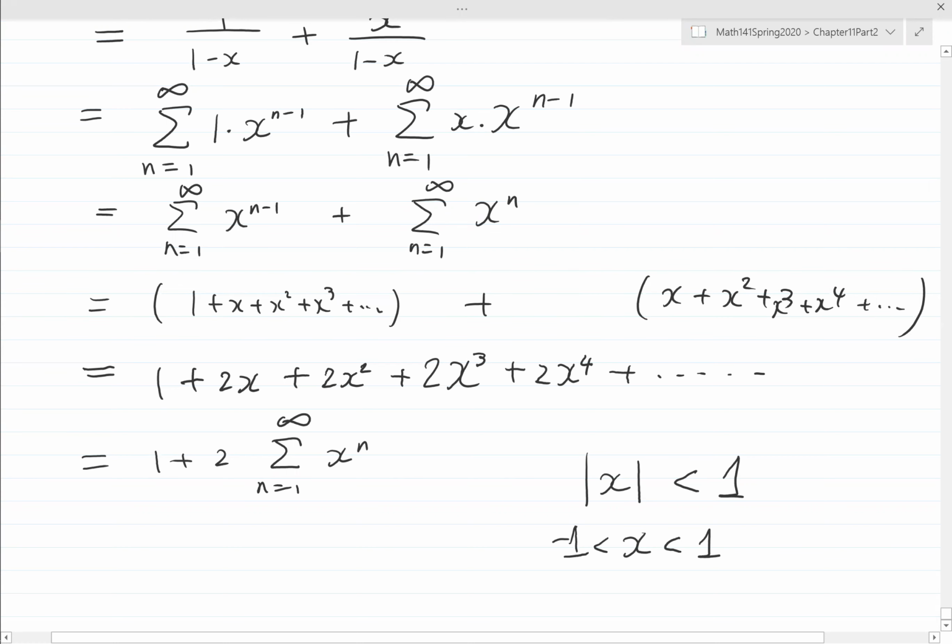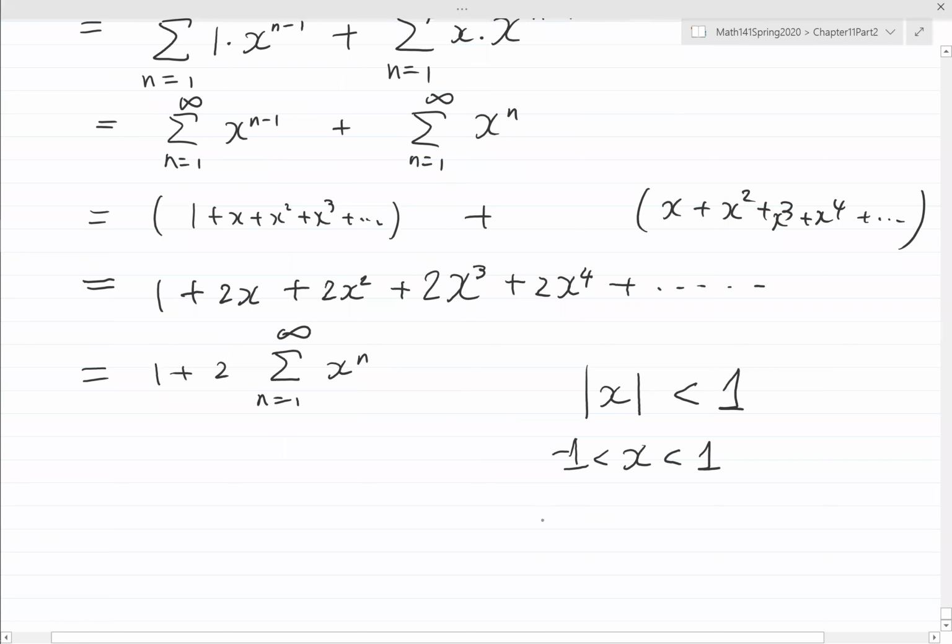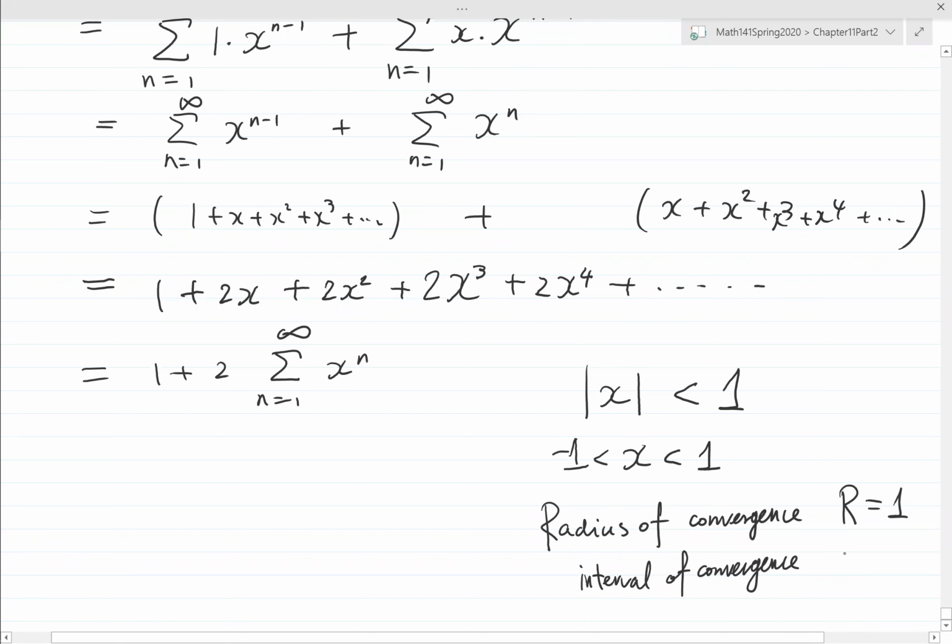So the radius of convergence is 1, and the interval of convergence is -1 to 1.